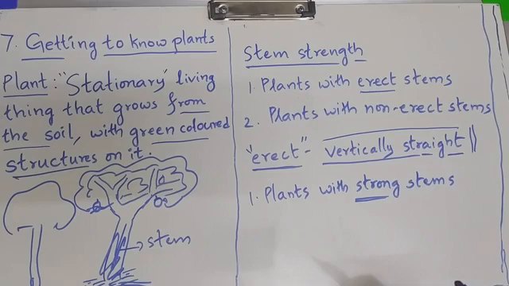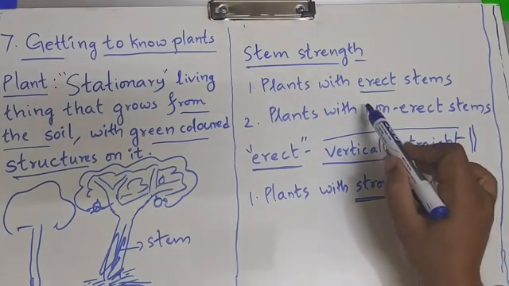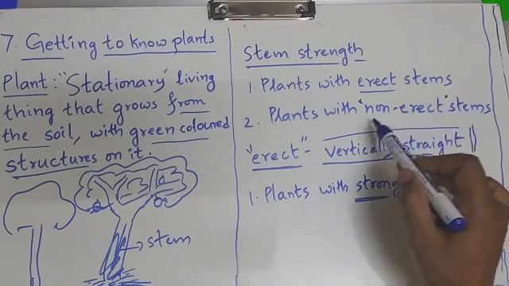So, if they have to grow up, they will take the support of the neighboring structures, or if the support is not available, then they may spread on the ground. But on their own, they cannot grow erect. Such plants are plants with non-erect stems.